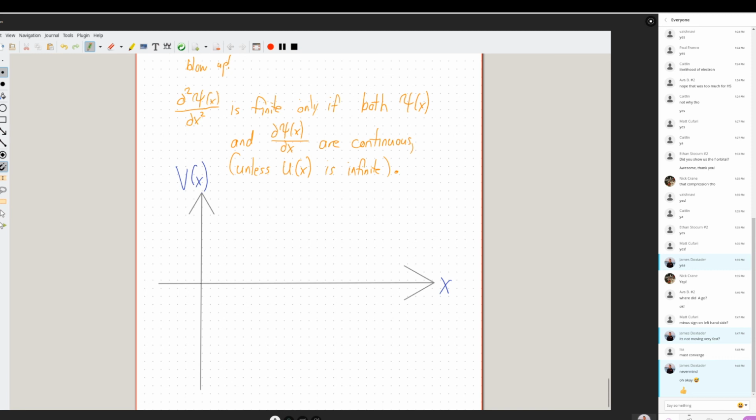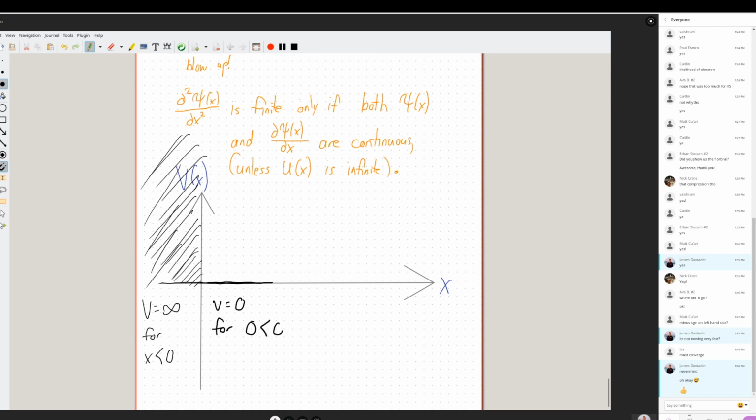We're going to imagine a potential that is V equals infinity for x less than 0, V equals 0 for x between 0 and L, and then again V equals infinity for x greater than L. So essentially we are confining a particle in a box of width L and calculating the stationary states of that.